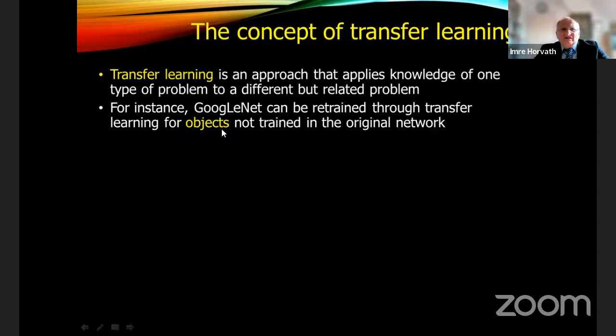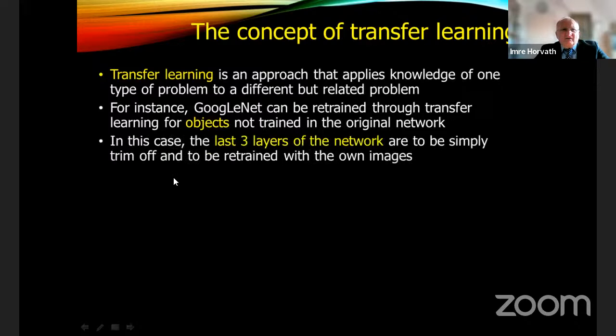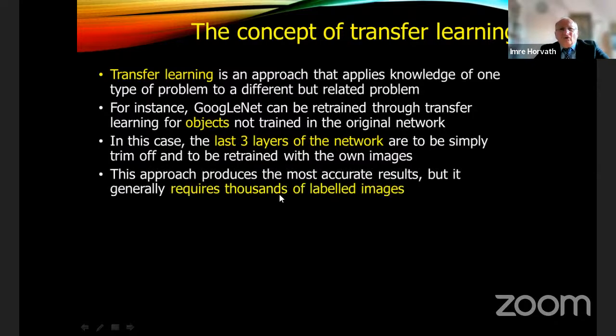I mentioned this example of GoogLeNet, which can be trained through transfer learning for objects not trained in the original network. In this case, the last 3 layers of the network are simply trimmed off and retrained with other own images, and then obviously they should be placed back into the network architecture.